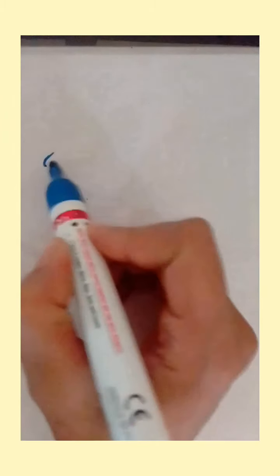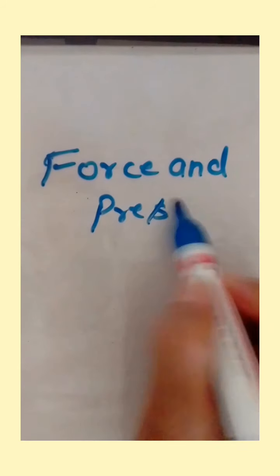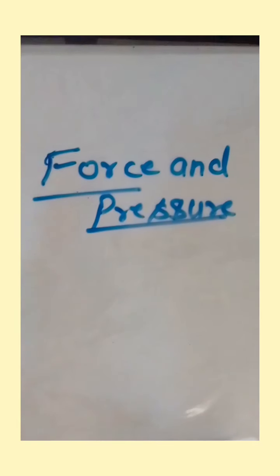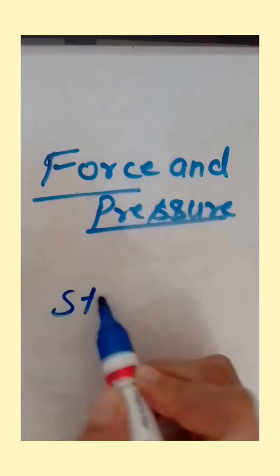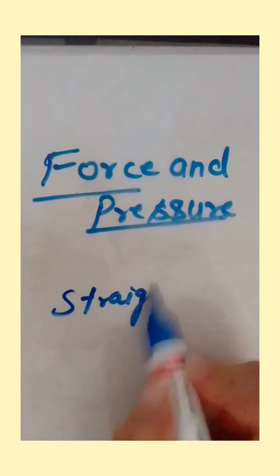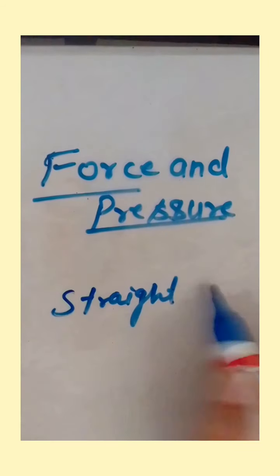Hello students, so now we are going to start chapter 4, that is force and pressure. So in class 7th you learned about motion of objects in a straight line.